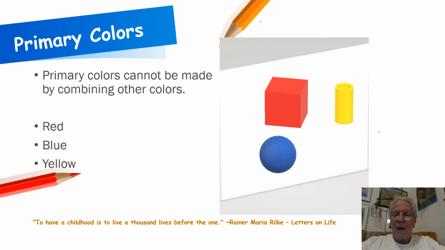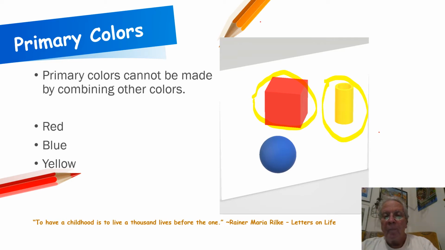Okay, primary colors. There are 3 primary colors, and those 3 primary colors are red, blue, and yellow. So, red, right there. Oh, I got a yellow circle. How about that? Yellow and blue.